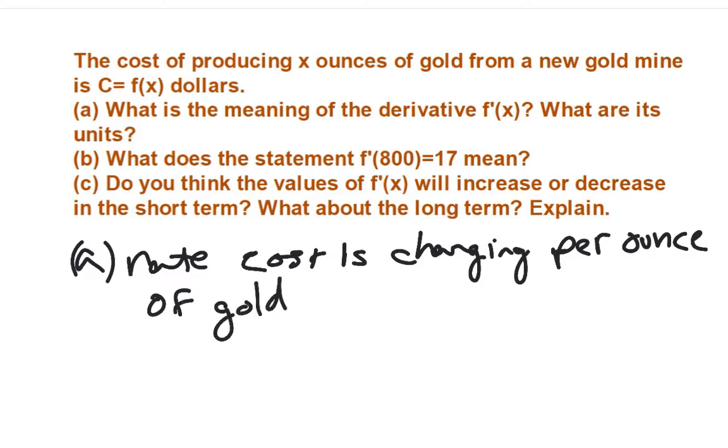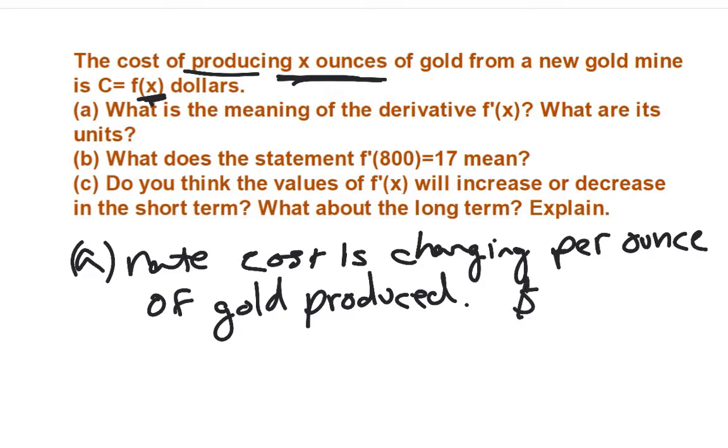Now, why is it per ounce? So it's producing x ounces. So whatever the x is, that's what's going to end up being the denominator. So it's per ounce, not per dollar. So cost per ounce. And what are the units? That's going to be dollars per ounce.